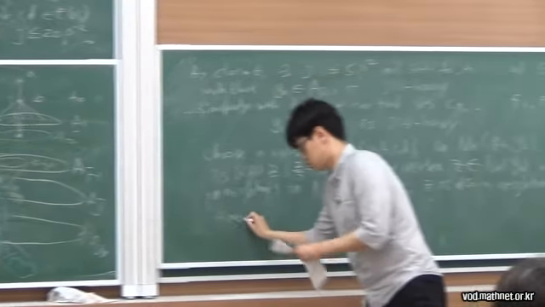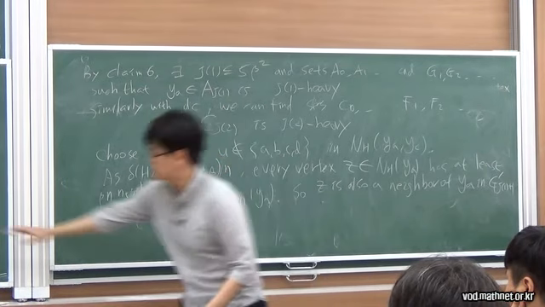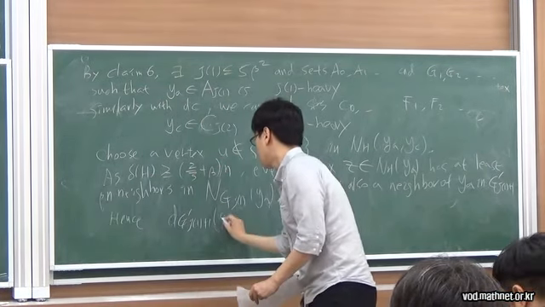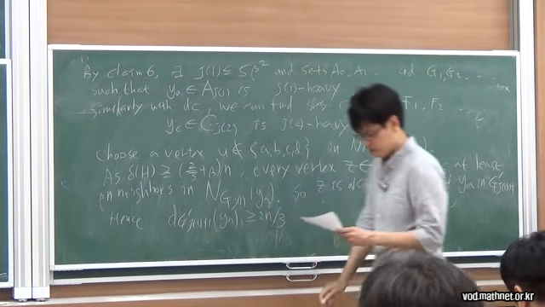Hence, in G prime, say 1 plus 1. So in this graph, Y_A has size at least 2n over 3.